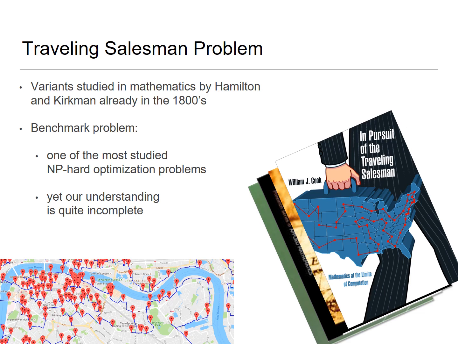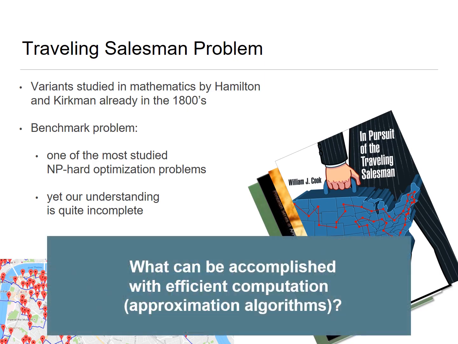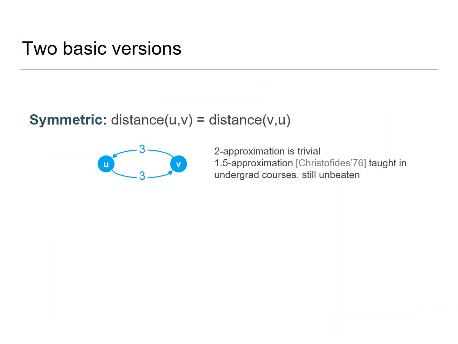However, our understanding of it is quite incomplete when it comes to approximation algorithms, which will be the focus of this talk. So we want to understand what we can accomplish with efficient computation. There are two basic versions of the problem.